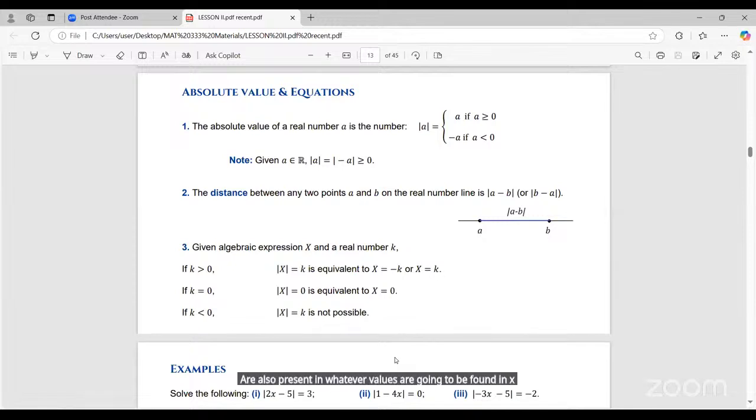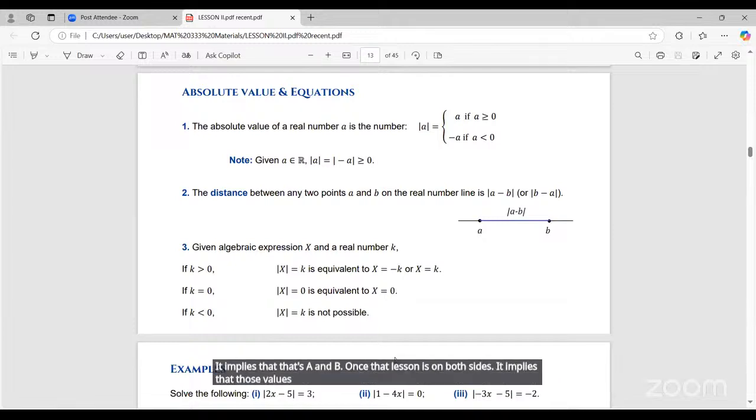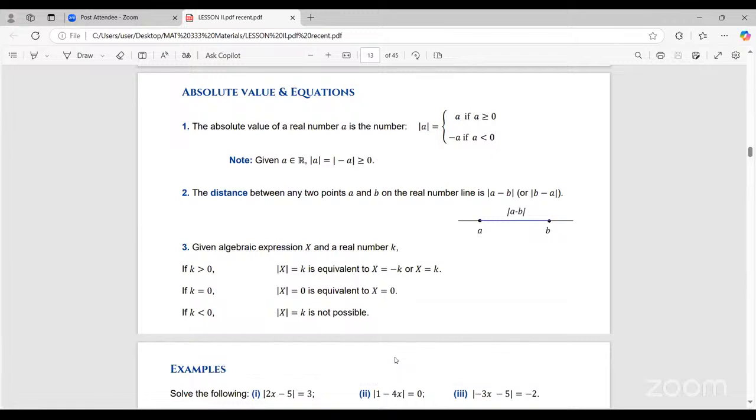When you see that less or equal sign, the interval is closed. It implies that A and B, once that less or equal to sign is on both sides, those values of A and B are inclusive.